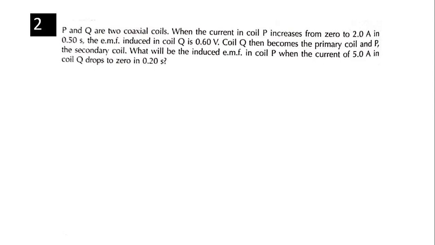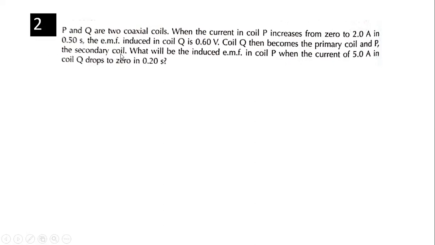Okay, now a bit harder. P and Q are two coaxial coils. When the current in coil P increases from 0 to 2 ampere in 0.5 seconds, the EMF induced in coil Q is 0.6 volt. Coil Q then becomes the primary coil and P the secondary coil.